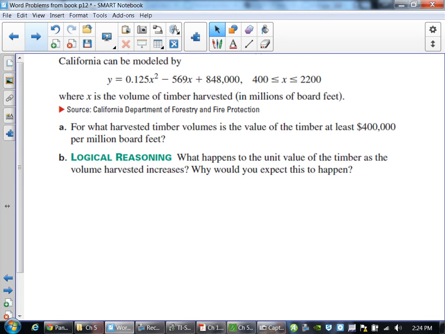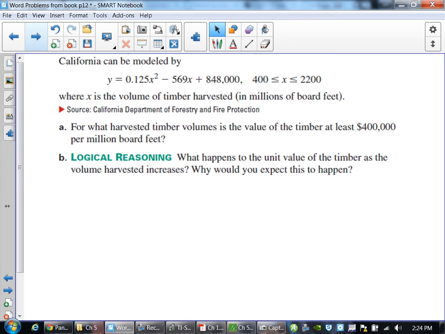The function they give you is where x is the volume of timber harvested, and they're giving you a parameter between 400 and 2,200, the volume in millions. So what I want to do is put this in my calculator and figure out where this is showing up. It's a matter of learning how to play around a little bit with the parameters of your windows and things.